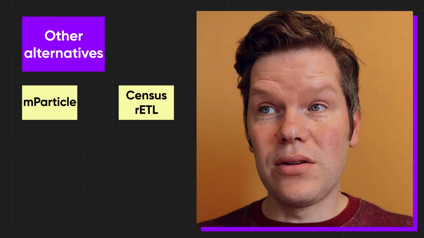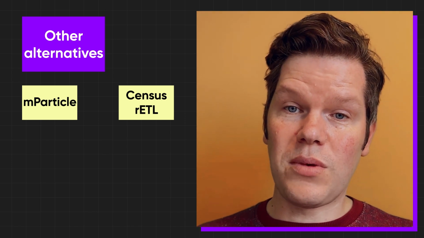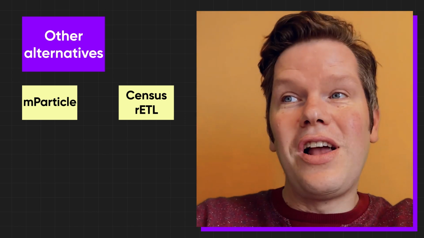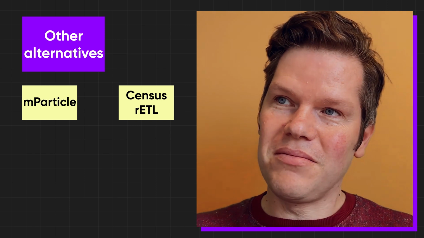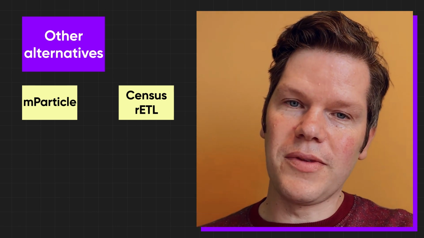And then once you have built this, send it out to the different marketing platforms. So Census is living more on the other end, but it's not so far away, so it's definitely something to consider.